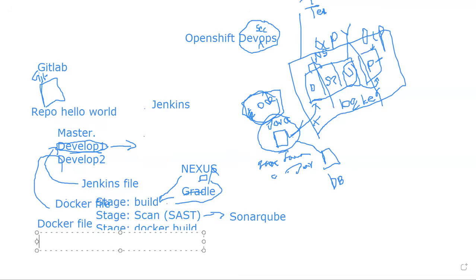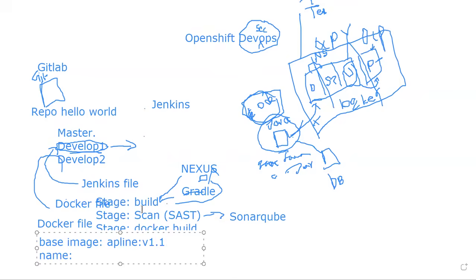So the jar file will have the base image. For example, a base image that I have already scanned, Alpine image version 1.2. Then it will have the name of the service, hello world. This name and so on we will make a variable to pick up at runtime based on the repo.